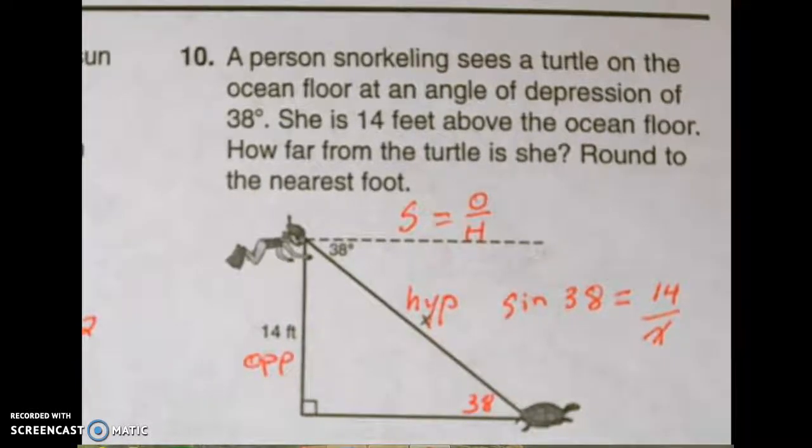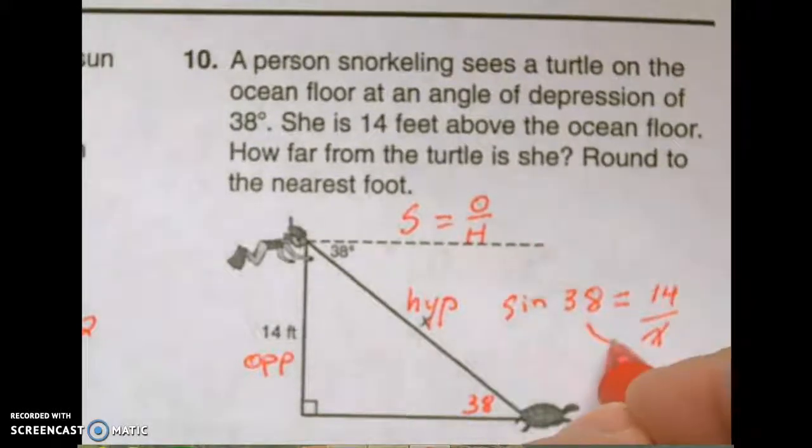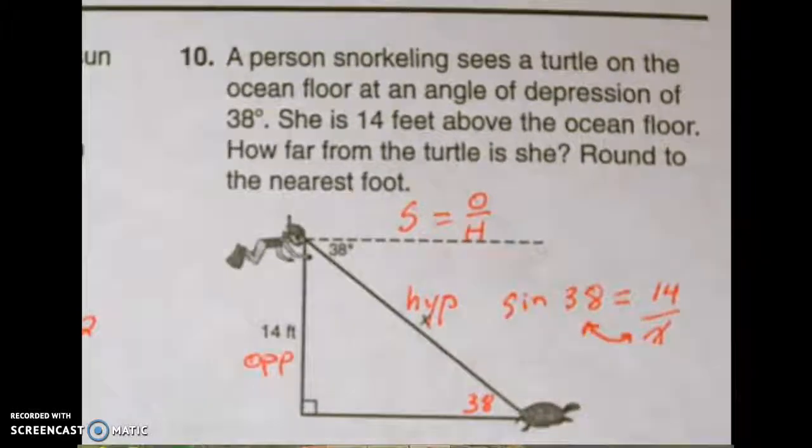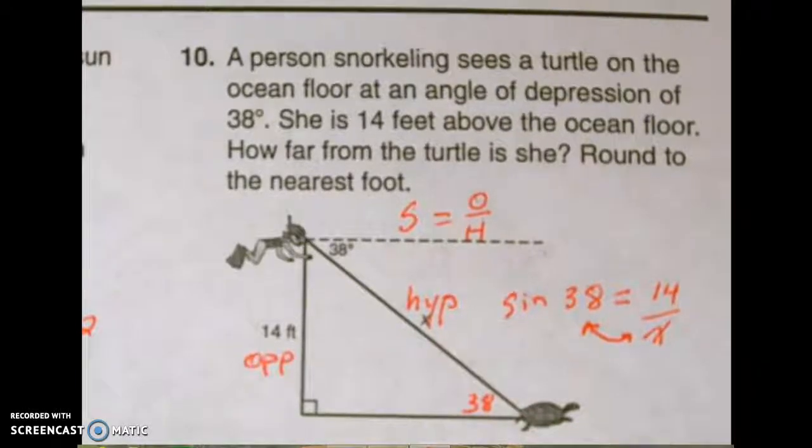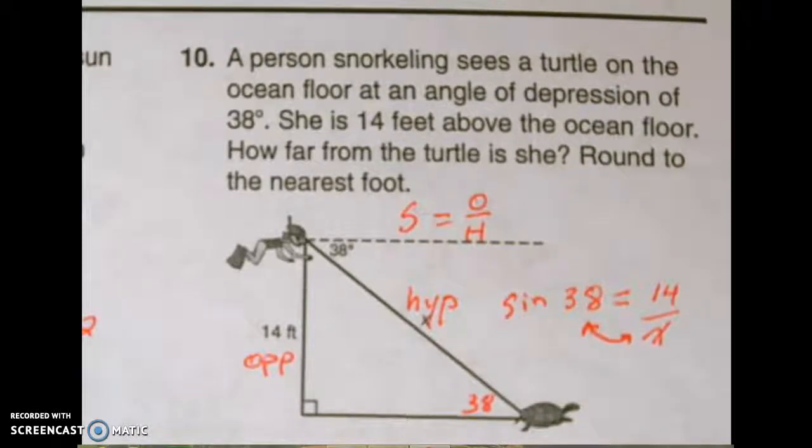Remember the shortcut rule. If the x is on the bottom, I'm going to end up moving these two, kind of like interchanging them. I will end up with a division problem. In order to find my x, I will have 14 divided by the sine of 38 degrees.